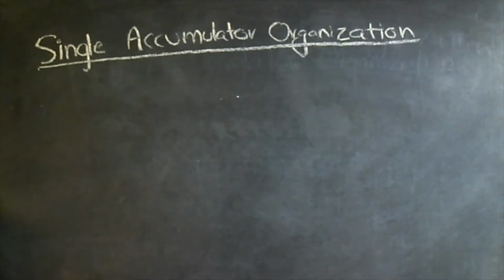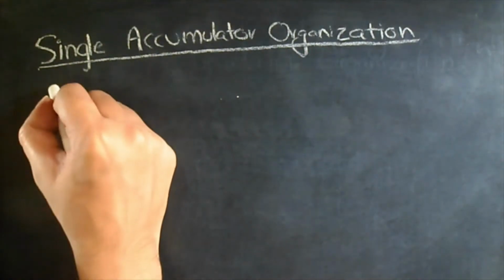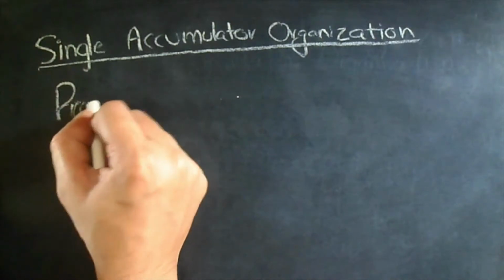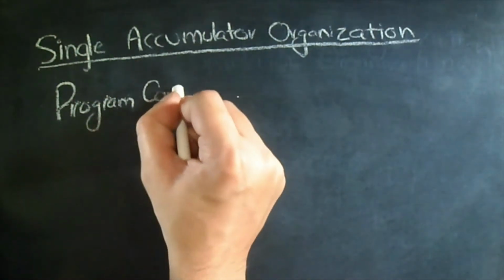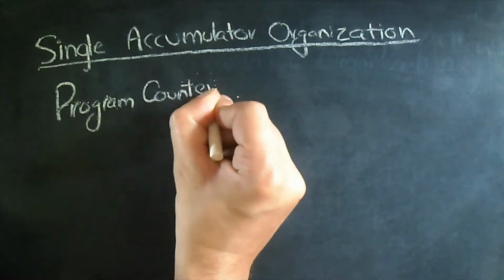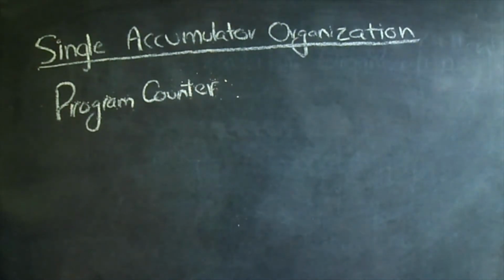We'll see those 8 general purpose registers in detail. The first is program counter. Now we'll assume that we are using a system which has 12 bits of address lines and 16 bits of data lines. So the program counter holds the address of the next instruction to be fetched.